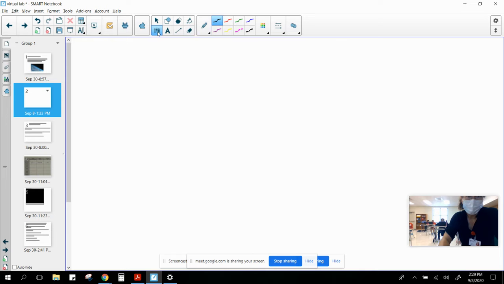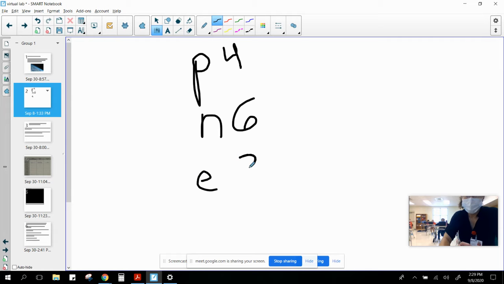Okay. So if I have 4 protons, protons have what charge? Positive. And if I have 6 neutrons and 3 electrons, protons have a positive charge, electrons have a negative charge.